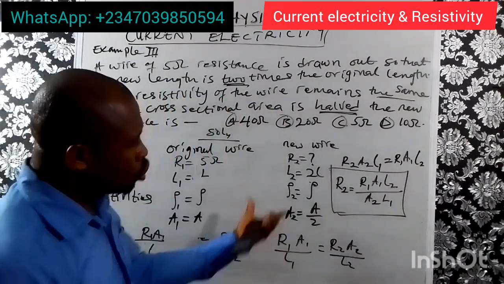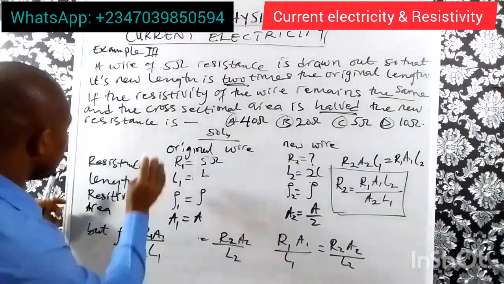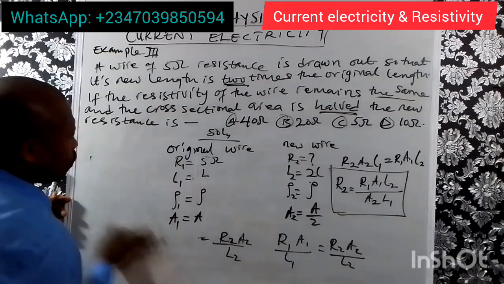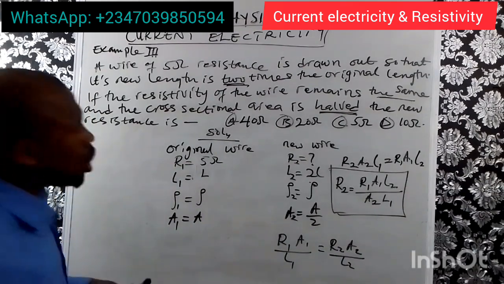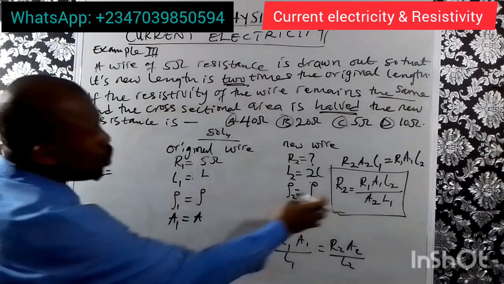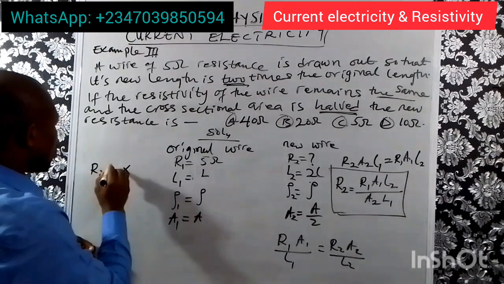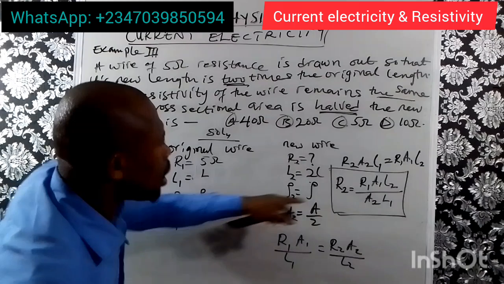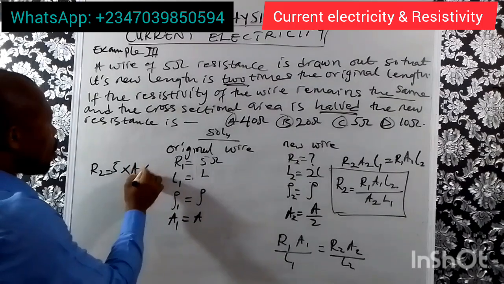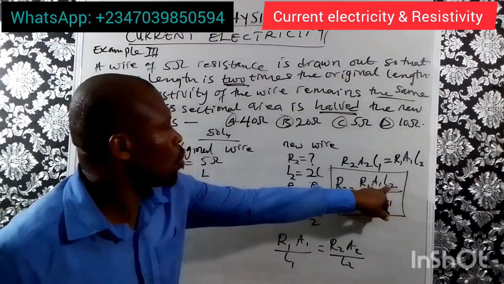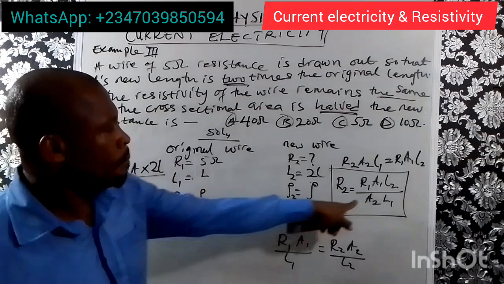Permit me to clean the board so that we can substitute all these values. If we substitute those values, R2 is equal to, in place of R1, I'll have 5, times A1, A1 is A, multiplied by L2, L2 is 2L, all over A2.